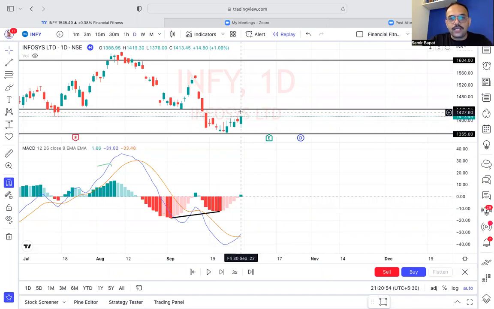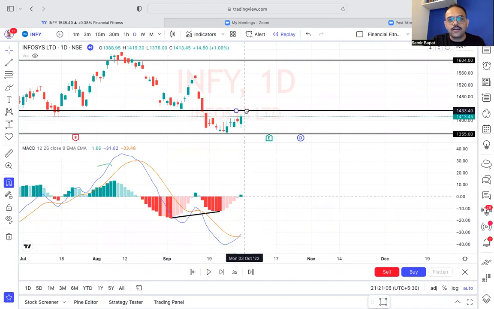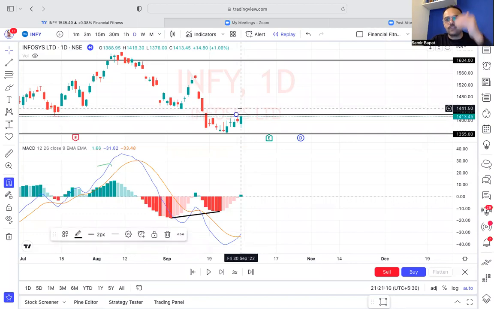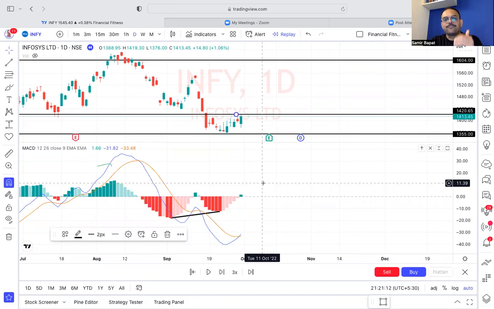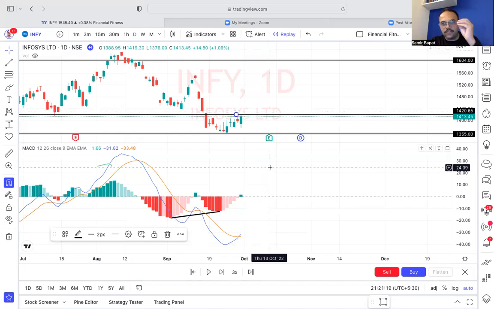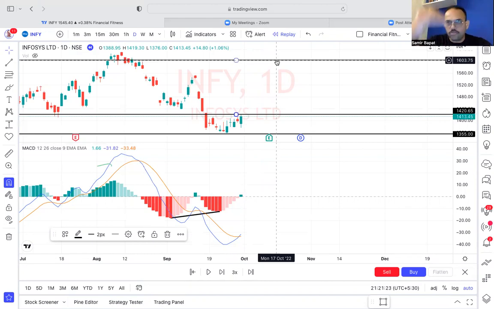Now what you can do is, since it has crossed, the histogram has gone above the zero level, and this is the candle, you can as well move your entry to the high of this candle. So you are bringing down your entry. Earlier it was 1438. Now we have reduced it to 1413, as well as you can adjust your target also to a lower value. So this is now your new entry.